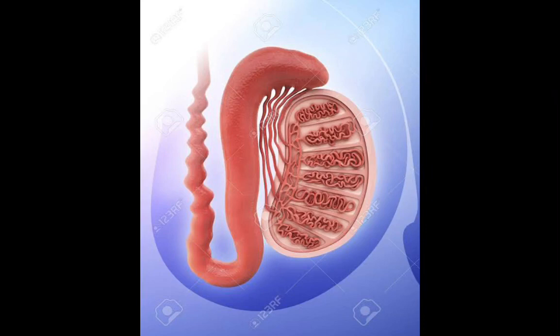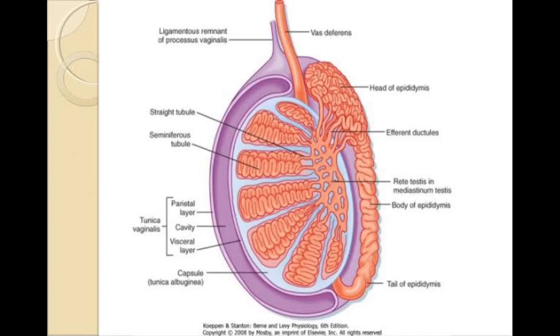The seminiferous tubules are highly coiled structures; if you uncoil, the length of the seminiferous tubule will be about 2 feet. And as I said, in each lobule you will see 1, 2, 3 seminiferous tubules. So on average, the total number of seminiferous tubules in one testis is about 400 to 600 in number.